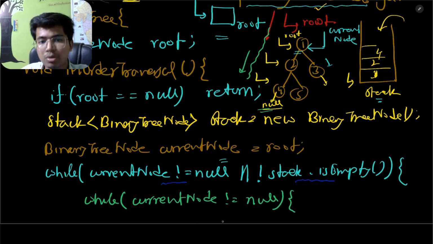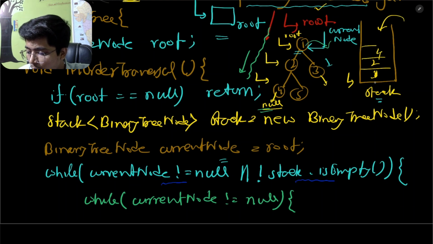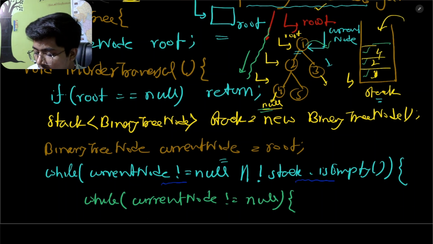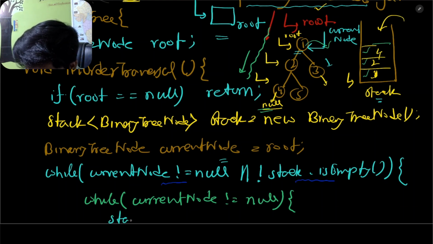What we do is push all the elements one by one. We pushed 1 here, then 2, then 4 into the stack. So we push the current node: stack dot push of current node.